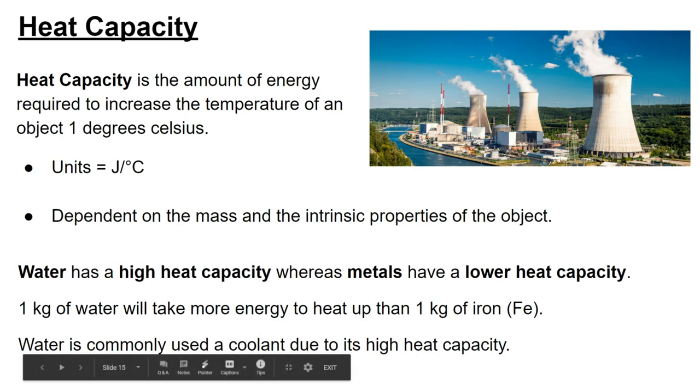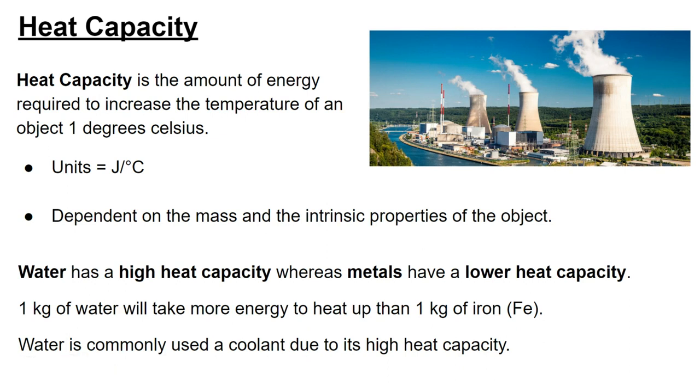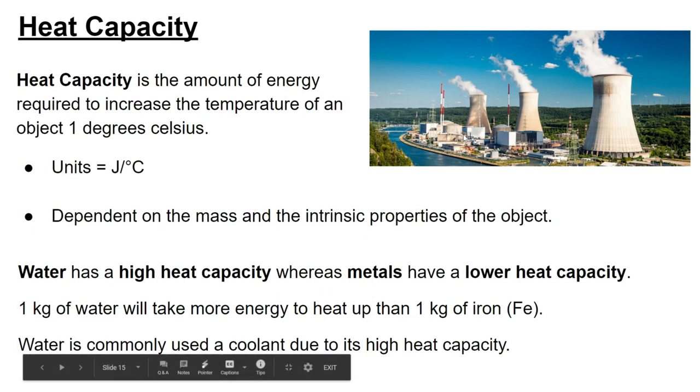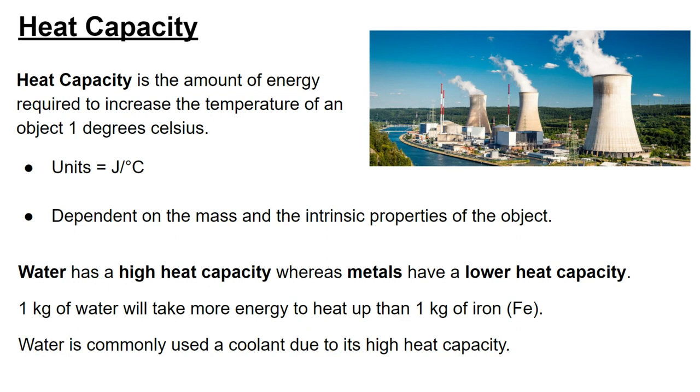Metals have lower heat capacity, so it will take them more time to heat up as compared to water. Here, in this picture, I'm showing you a nuclear reactor and the water bodies, basically the steam converters, which are next to the nuclear reactors. They are next to the nuclear reactor because it produces a vast amount of energy, and they are situated next to the water body because we need water for the extra energy to get absorbed and converted into steam.